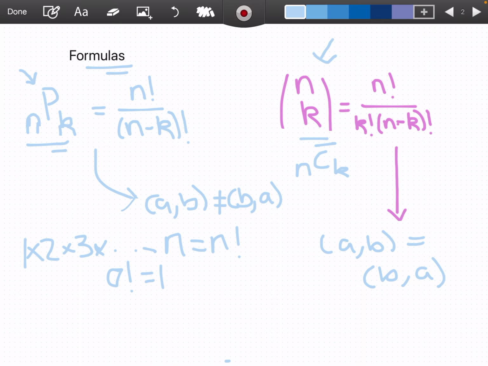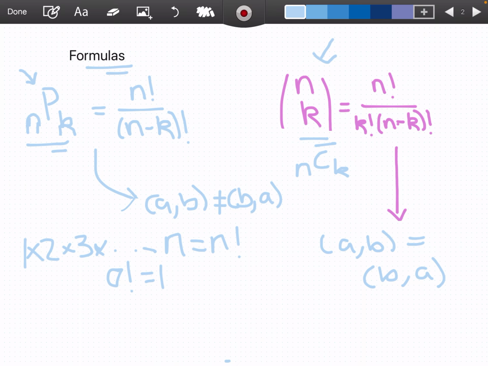And similarly, we can do the same thing for 5 choose 3. And for 5 choose 4, we can do similar things. So what I'm doing here is I'm just applying the formula. I'm just writing down exactly what you would have from the formula.